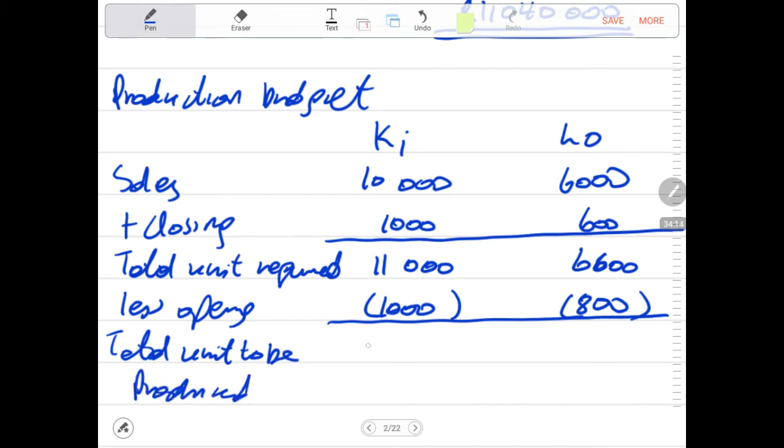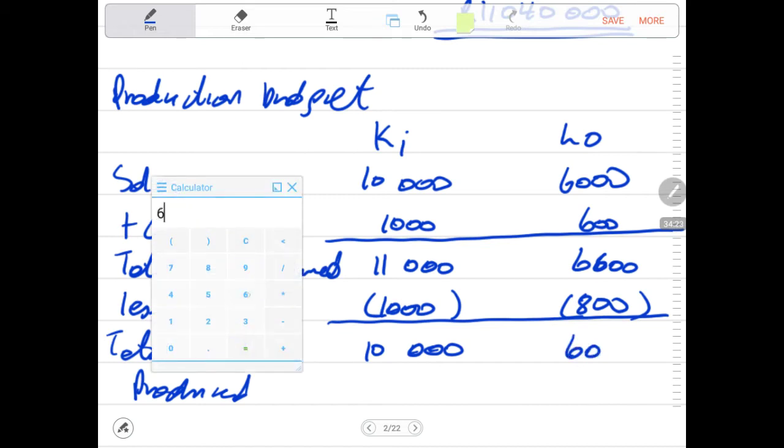And these units that need to be produced, obviously here it would be 10,000, and here it becomes 6,600 minus 800. We get to 5,800.